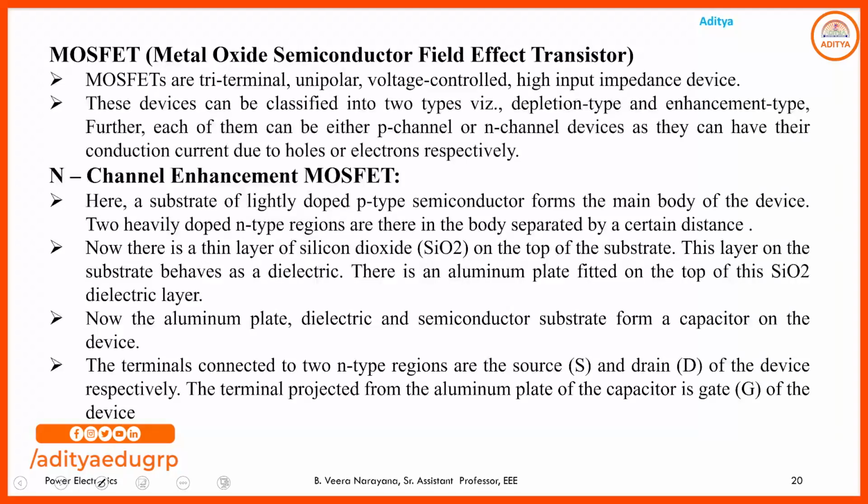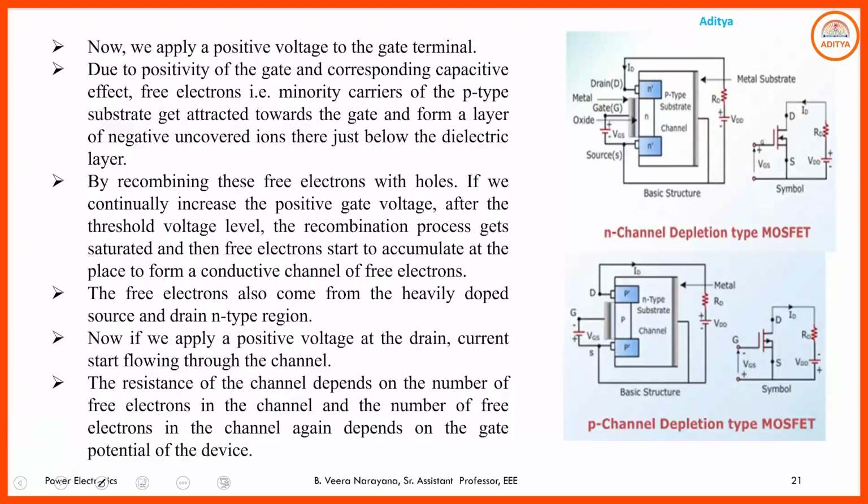So if you look at the structure of the N-channel enhancement type MOSFET or N-channel depletion type MOSFET, in the N-channel depletion type MOSFET, a P-type substrate is taken as the main surface. On this P-type substrate, two heavily doped N plus regions are diffused.